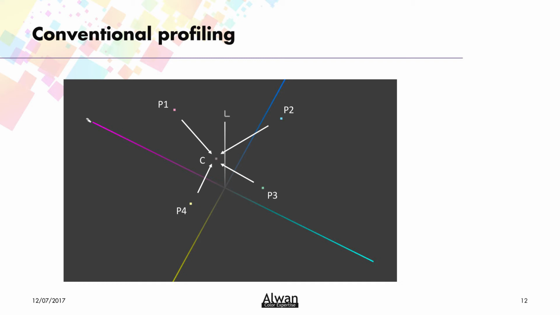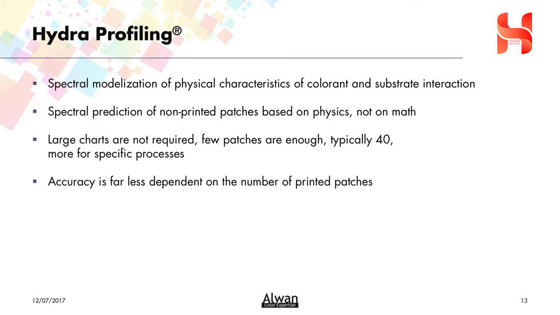This means that my 4 printed patches, P1, P2, P3, P4, will be used to calculate, with an interpolation algorithm, a prediction of what color C would have been if it had been printed. This is what is called an interpolation, right? So the closer P1, P2, P3, P4 are to C, the more accurate the prediction. So conventional profiling is something that we have used for the last decades.